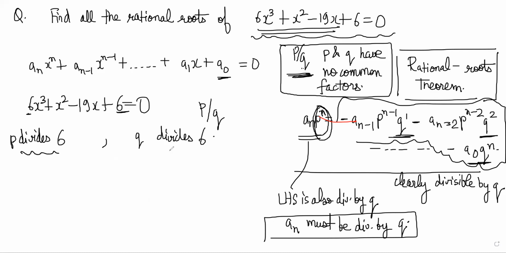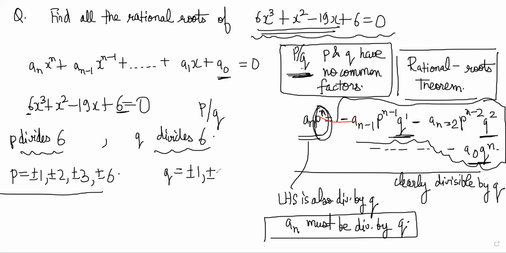So p and q both divide 6. What are the possible factors of 6? P could be plus minus 1, plus minus 2, plus minus 3, and plus minus 6 also, right? And q could also be plus minus 1, plus minus 2, plus minus 3, plus minus 6, right?